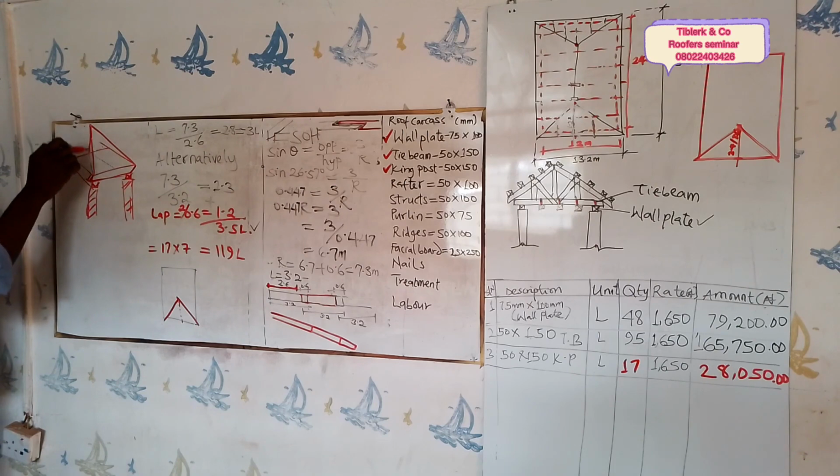Now, before we can determine the length of this, we need to determine this from here to here. So that will be two unknowns. For now, we have the king post. We know the height of the king post, but we don't know this hypotenuse, and we don't know the adjacent one.